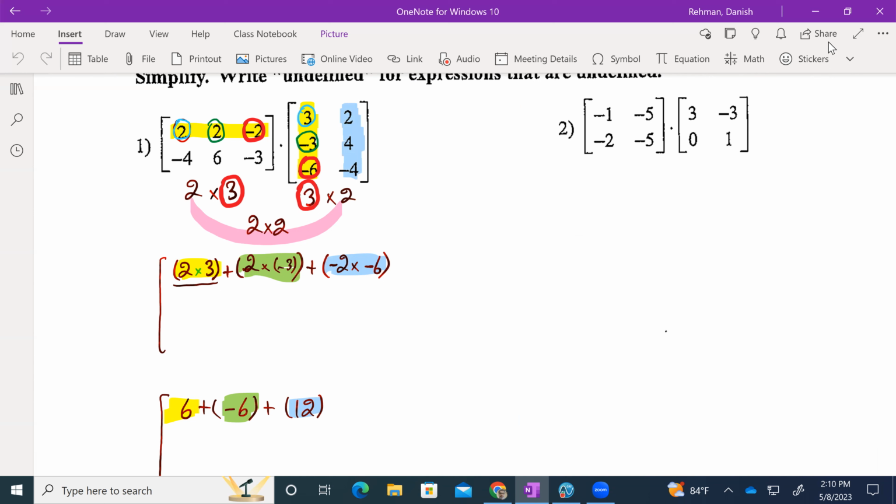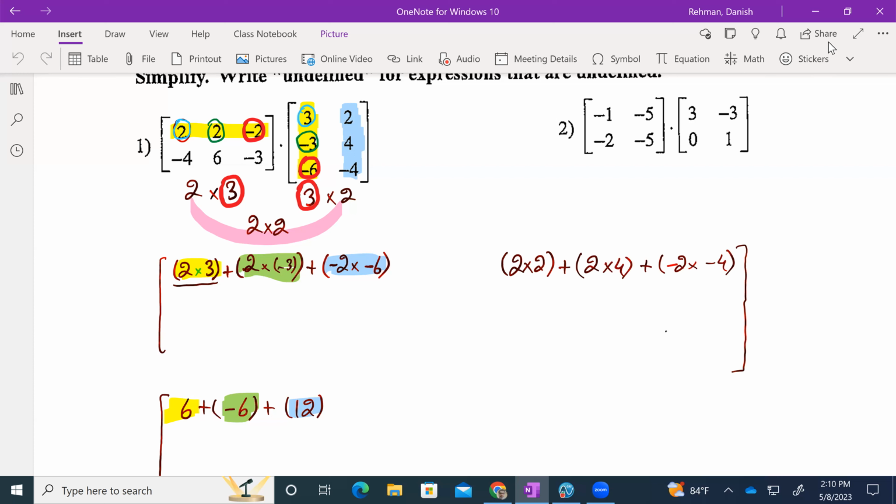And first row, second column, that should be the address of the new element where I will put the result. So 2 times 2 plus 2 times 4 and then plus -2 times -4. And then I will close the square bracket for my matrix.